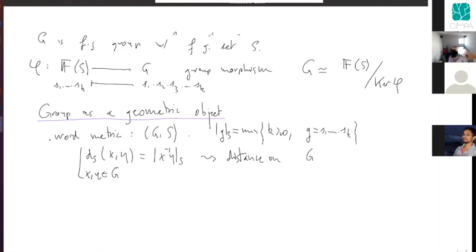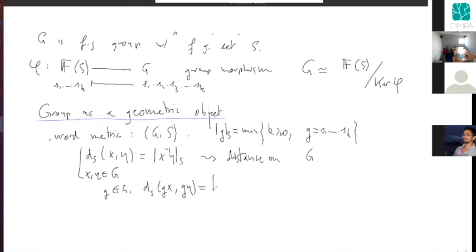Okay, and so what is interesting with this distance is that the group will act by isometries on the left, taking the same definition as what Arendam did, meaning that if g is an element of the group, I can look at the distance from gx and gy. And what is this?